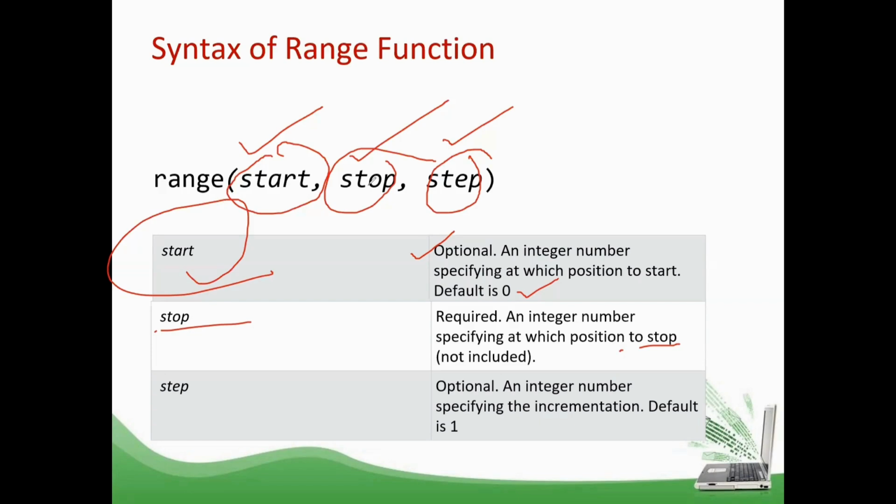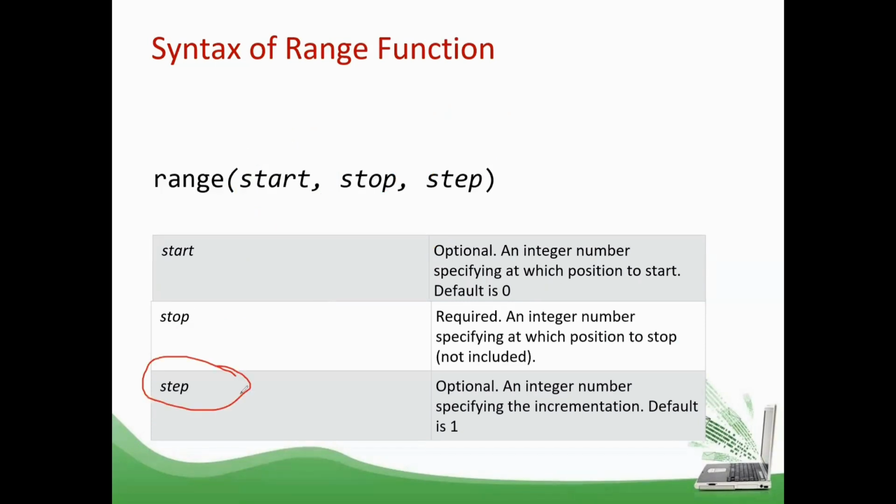So your loop starts from 1 and ends at 4, not 5. The stop value is never included. The step value is again optional. It is how many steps you want to take, or you can say the jump. 1, 2, whatever you want to give, you can mention as your step value. I hope this is clear to you.